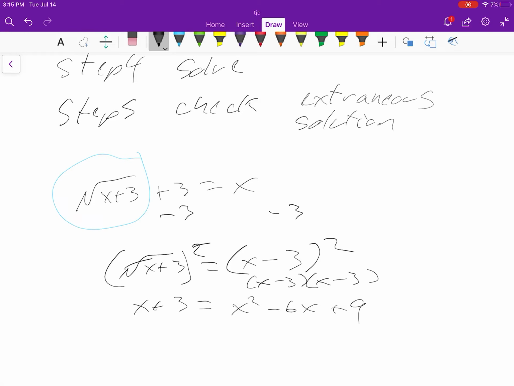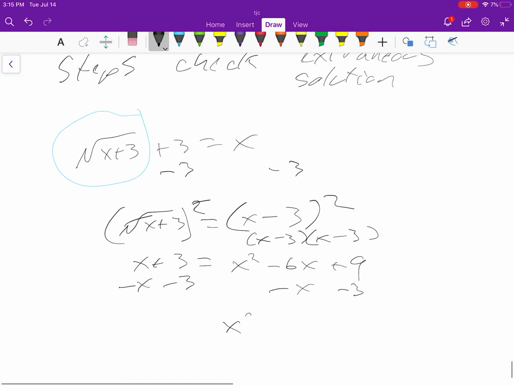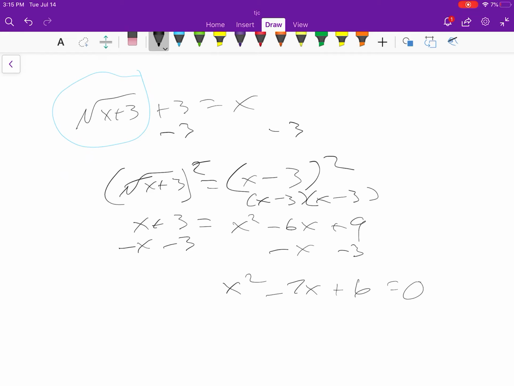Okay. Now you're going to just solve it by moving everything over. So let's just move these over. Okay, and you're going to get x squared minus 7x plus 6 equals 0. So this is a regular quadratic that we can either factor or use the quadratic formula on.